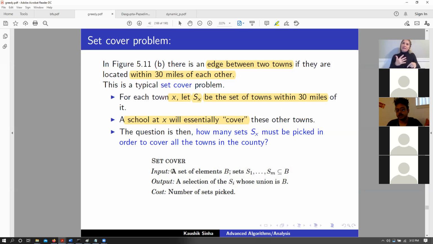So your input would be a set of elements B, that is your individual towns, and you have a set of sets. The output would be a selection of sets whose union would result in coverage of all of those towns, right? So the cost that we are trying to minimize is the number of these sets that we need to pick. Okay.